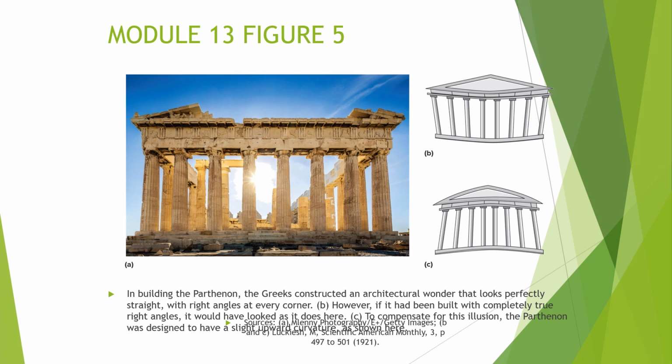However, if it had been built with completely true right angles, it would have looked the way it does. To compensate for this, the Parthenon was designed to have a slight upward curvature so that you see it as you do in letter C.